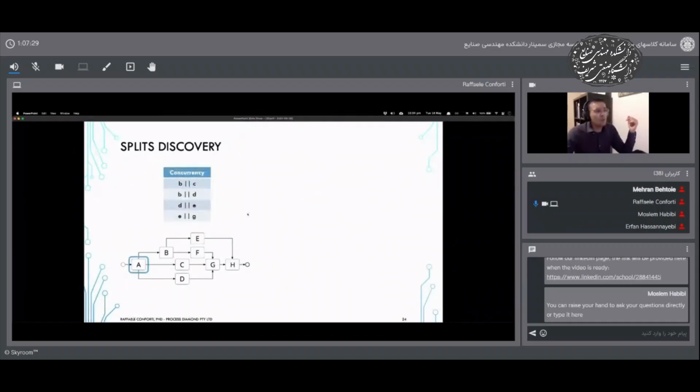We use the concurrency relations that we discovered in the previous phase, and we create this map. This map is telling me that, looking at A, after A I have the activities B, C, and D.